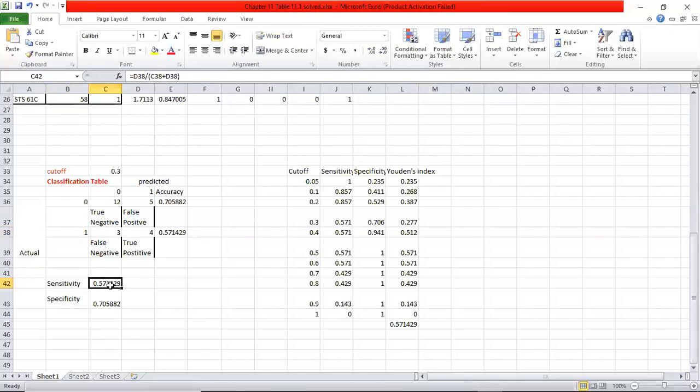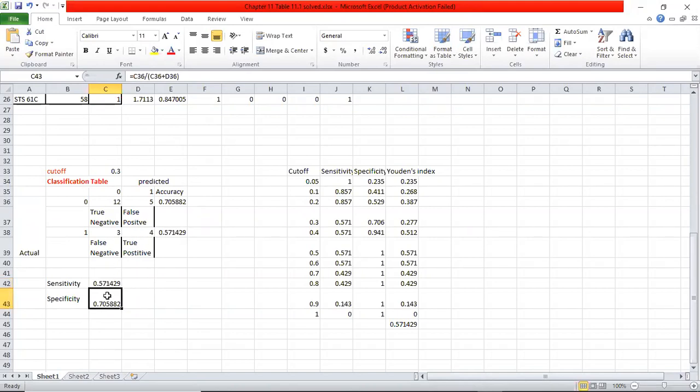Sensitivity means how many ones are correctly classified. I have 7 ones. In those 7 ones, 4 are correctly classified and 3 are not. So totally 7 ones are there, out of that 4 are correctly classified. That is called sensitivity.